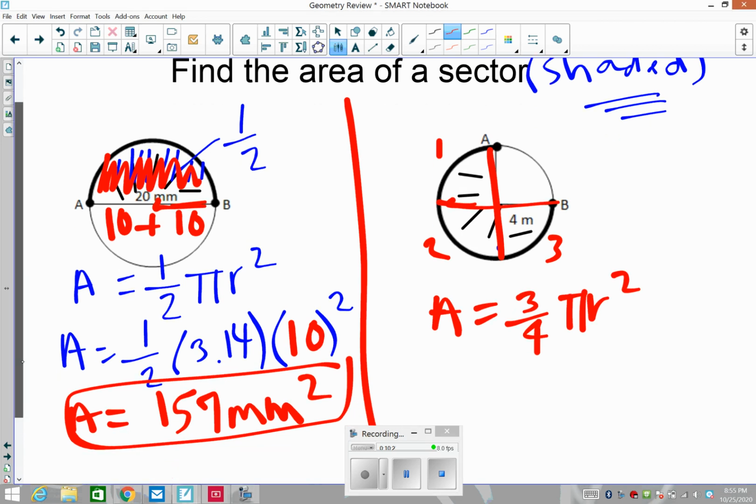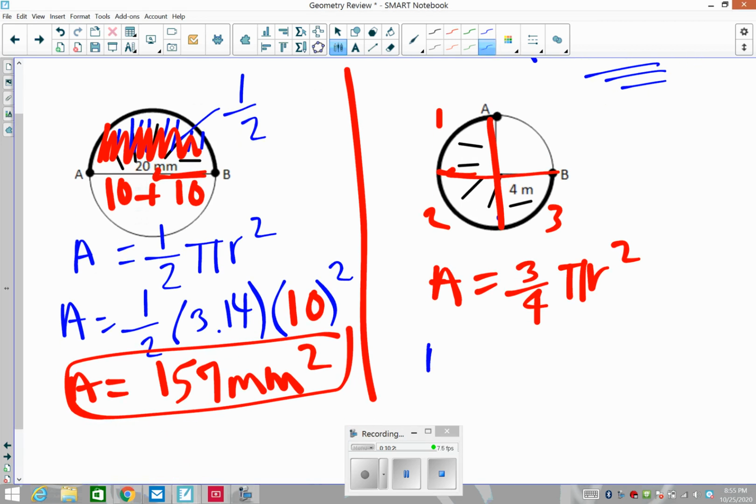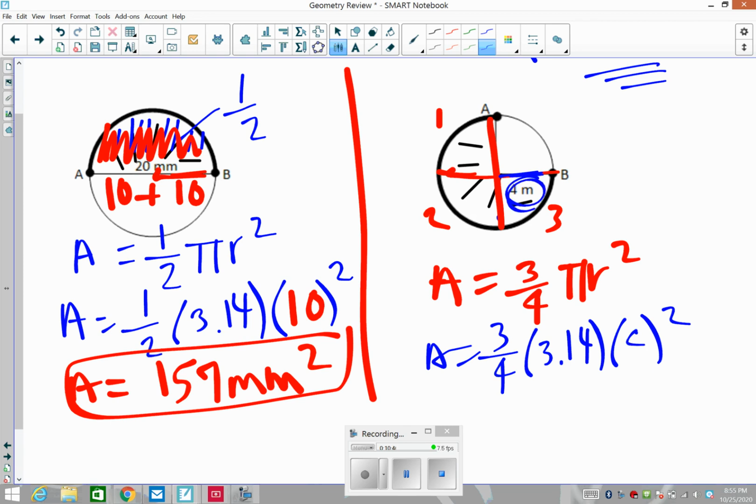So we get 3/4 times 3.14 times the radius squared. And the radius is this distance right here, which is defined as 4. So it's just a calculator problem. Again, when you're typing this in, it's just 3 divided by 4. You can also put it as a decimal if you want. So 3.14 goes in for pi times 4 squared.